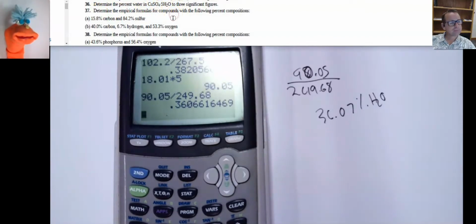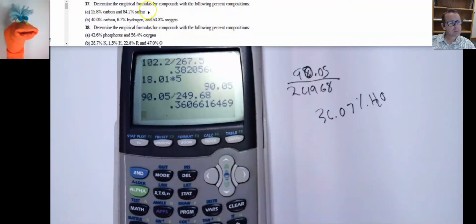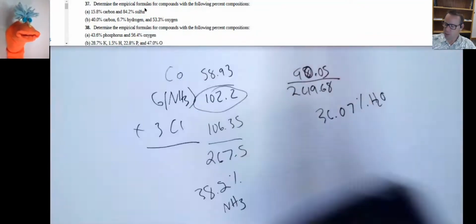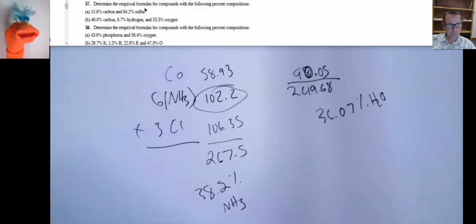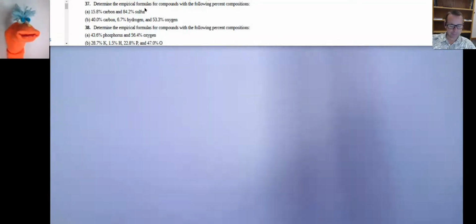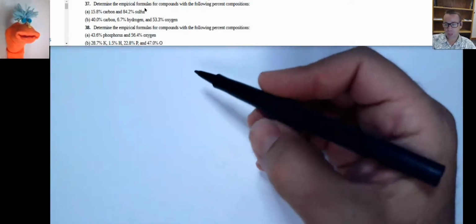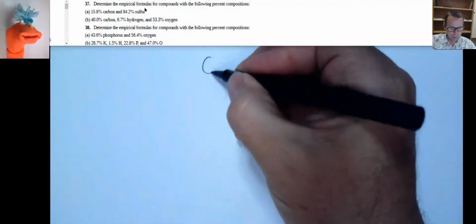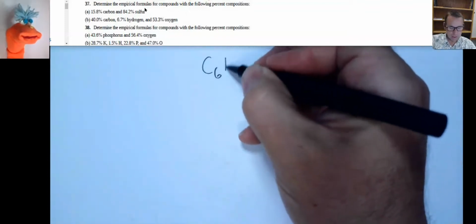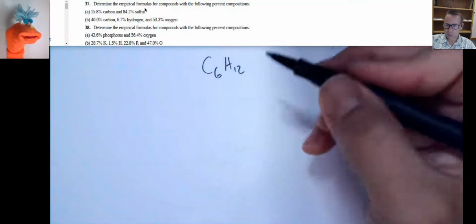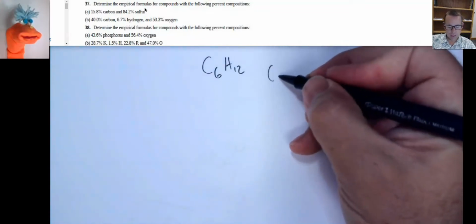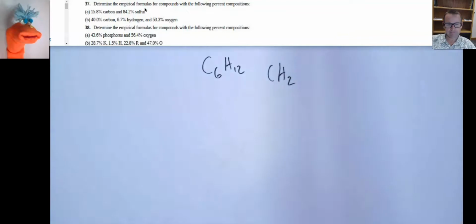Yeah. All right, 37. Determine the empirical formula for compounds with the following percent compositions. All right. So do you remember how to do these empirical formula ones? Well, what's the empirical formula again? The empirical formula is the simplest chemical formula for a compound. So if the chemical formula, for example, is C6H12, the empirical formula would be CH2, right?